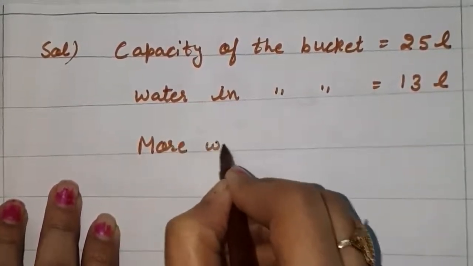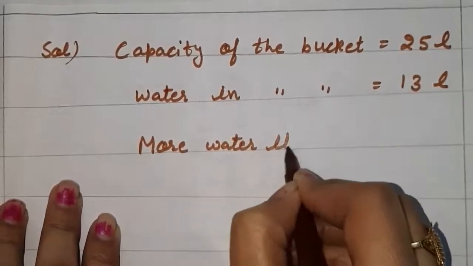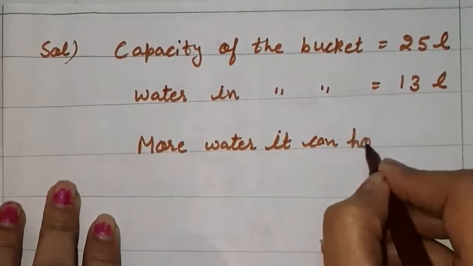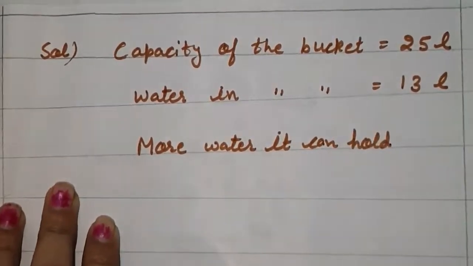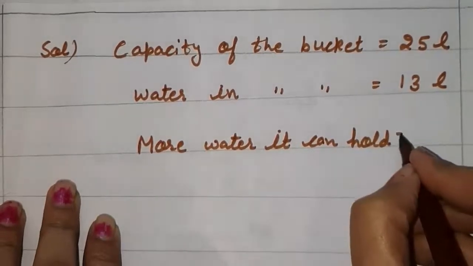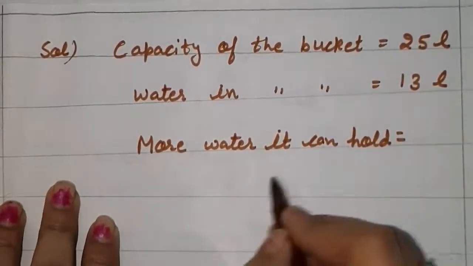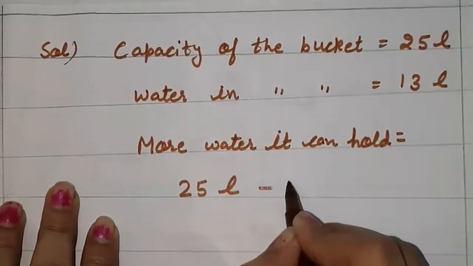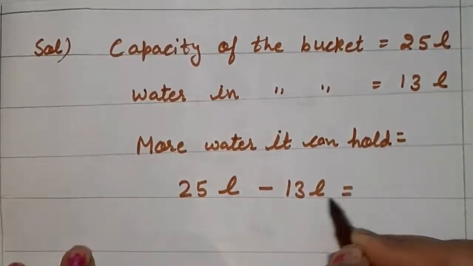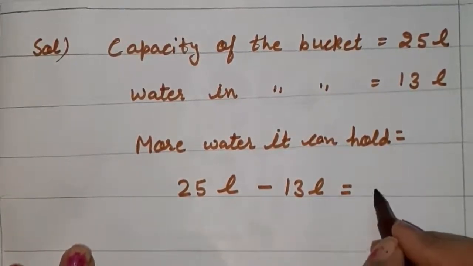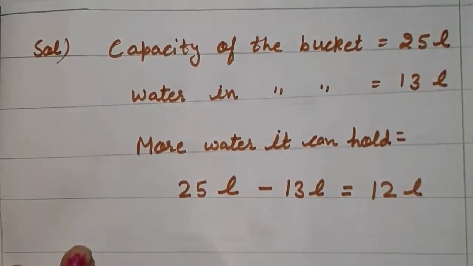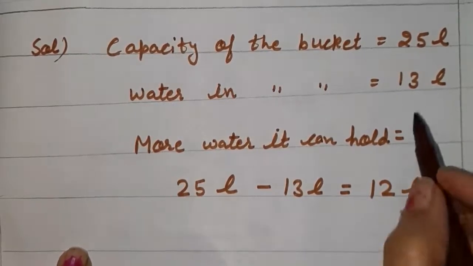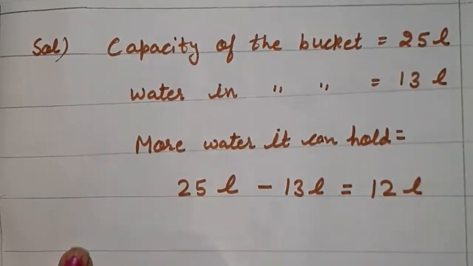More water it can hold is equal to, you will do subtraction. 25 liter minus 13 liter. 25 minus 13, 12 liter. You can do in column also or in this way. Here also you can do subtraction in the form of column. Both the ways are okay.